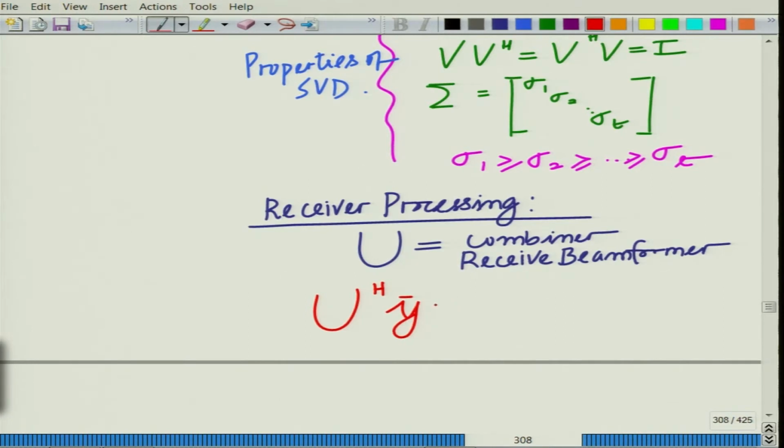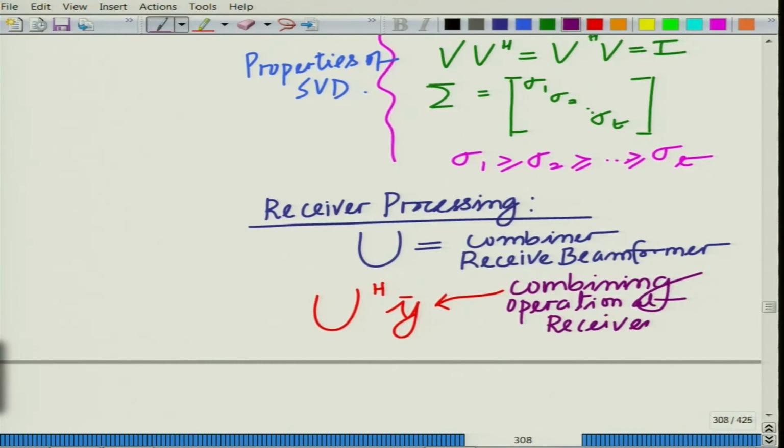So, this is basically the combining operation at the receiver.